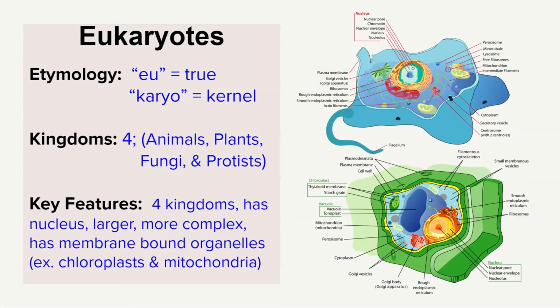They all have a nucleus, and that's where the genetic material is stored. They're all larger, like 15 times larger than any bacterial cell, sometimes even larger than that. They're more complex. Just look at how many organelles are in them. And they have membrane-bound organelles. In other words, they have chloroplasts and mitochondria that we'll talk more about when we get to our cell energy unit, about why those organelles are so important and, again, why they have a membrane.